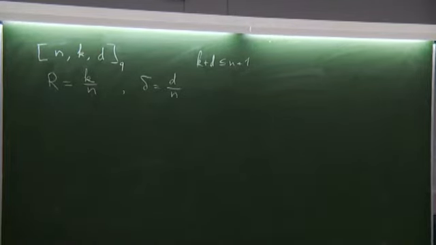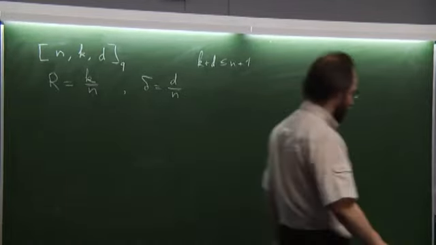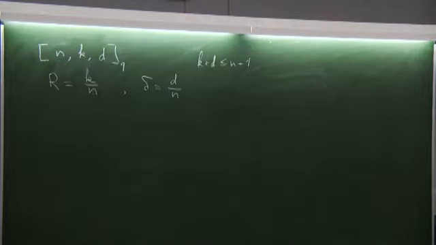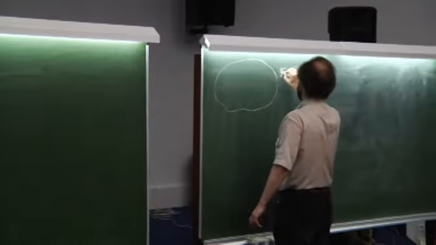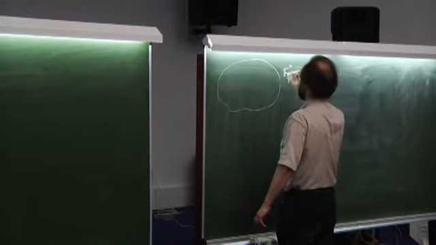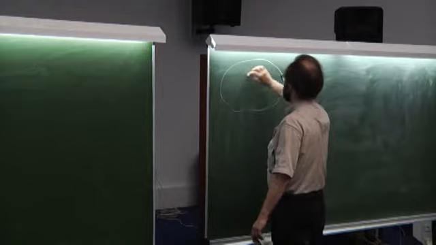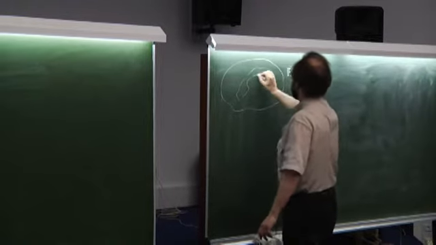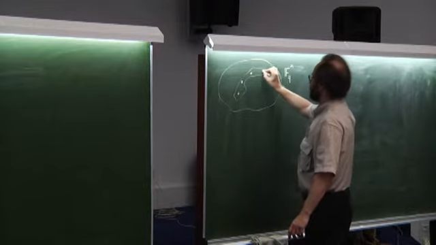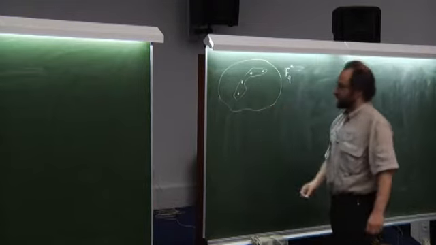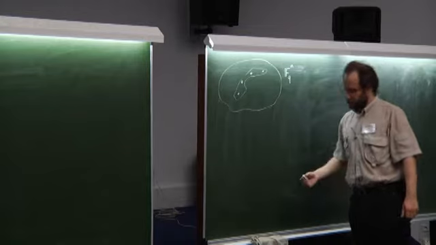Here, one thing I can tell you is why 2 times, because if you consider a code as a set in the metric space, so this is F_q to the n, and here is some code. And there are some points, and you want that the distance from one to the other is not too small.